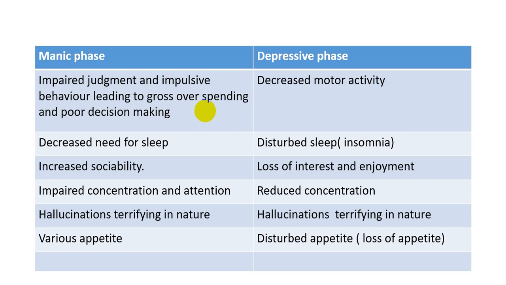They may buy things which are not necessary, which do not correspond with the amount of money spent. They have a decreased need of sleep, mostly they are awake, and increased sociability. If a manic person goes to a group of people, he may create sociability with a lot of people at once, at the same time, for a short time.